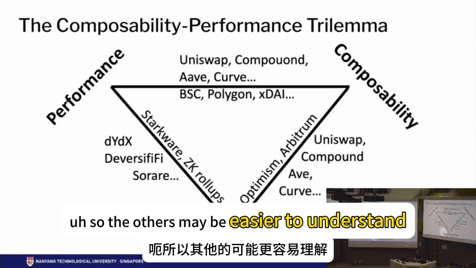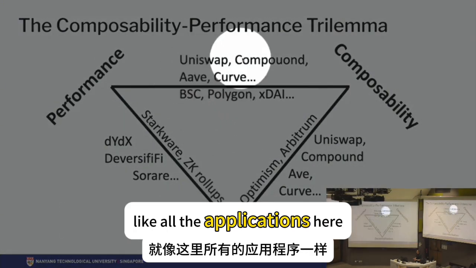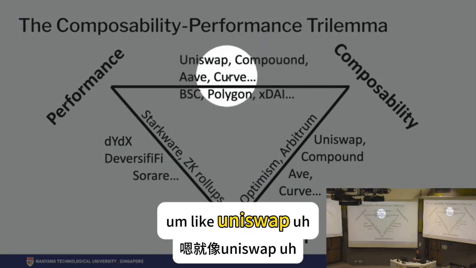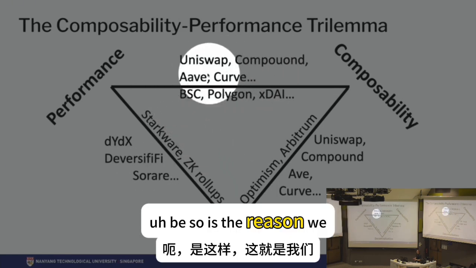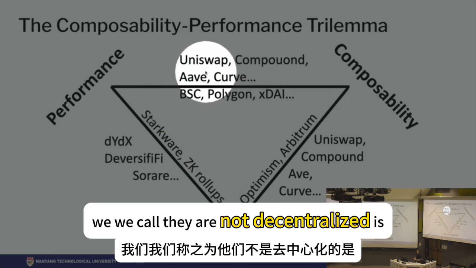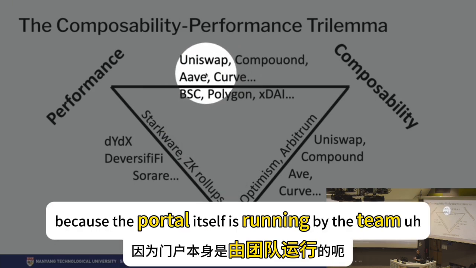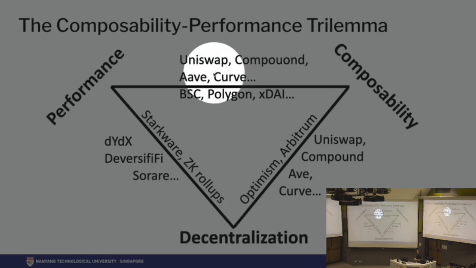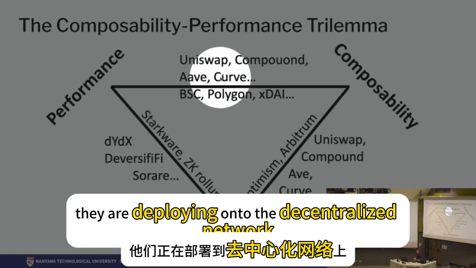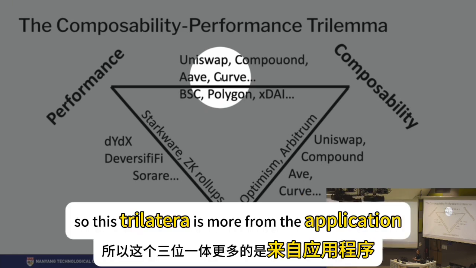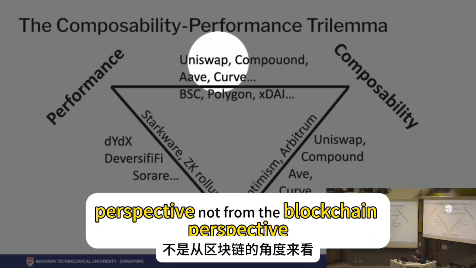The others may be easier to understand, like all the applications here, like Uniswap. They are not that decentralized, because the protocol itself is run by the team, even though underneath they are deployed onto a decentralized network. So this trilemma is more from the application perspective, not from the blockchain perspective.